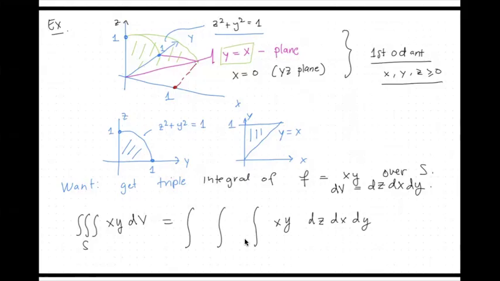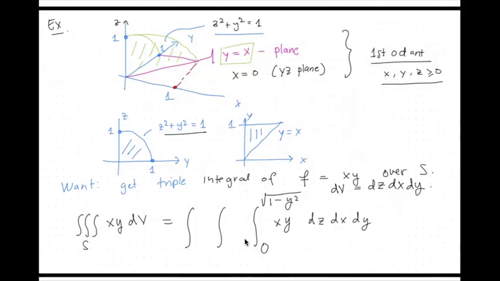So sa side lang na to, positive X. Ito, positive X din siya, positive Y, and then positive Z. Wala yung sa kabila. So because of positive Z, our Z will start from 0 and end with, from this equation, Z is equal to the positive square root of 1 minus Y squared.